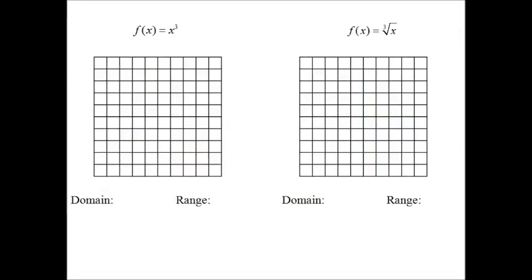Okay then, when we want to discuss how to graph a cube root function, let's also go back and remember how we graphed our cubic function. Our function f of x is equal to x cubed also had really 3 key values that we needed for our parent function. That was the origin (0, 0), then 1 to the right and 1 up, the point (1, 1), and 1 to the left and 1 down would be our third point.